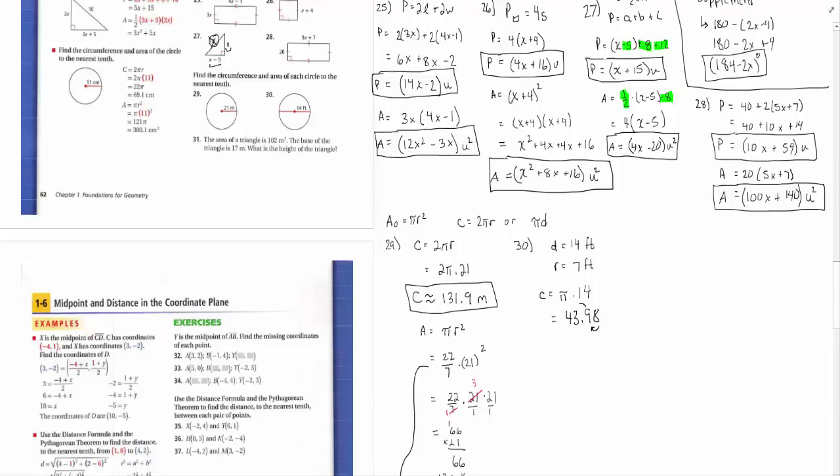So that means we actually pull that 1 up here next to our 1's digit. So this answer would be approximately 44 feet for our circumference. So you just have to keep moving that decimal place over. Okay, so that'd be 44.0 basically. Alright, so that's 30 for the circumference.